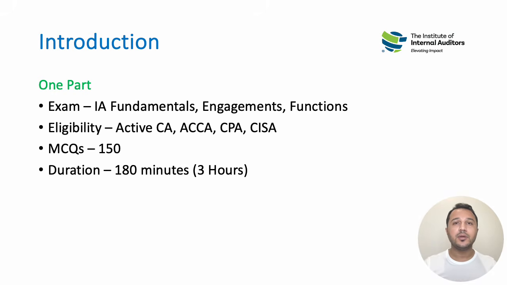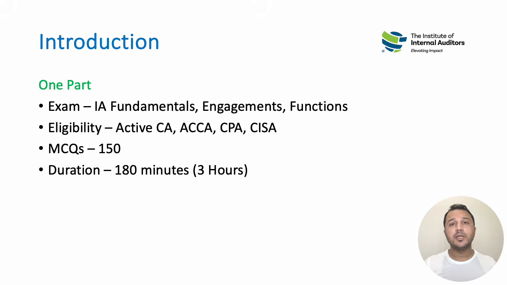The IIA gives you another quick option to pursue the CIA certification. As we stated in the previous slide, there is a three-part exam, but there is another way to get a quick CIA certification, which is by appearing in the challenge exam, which comprises only one exam.